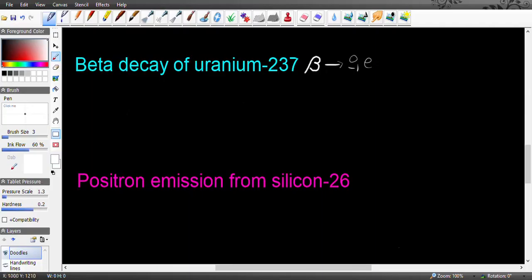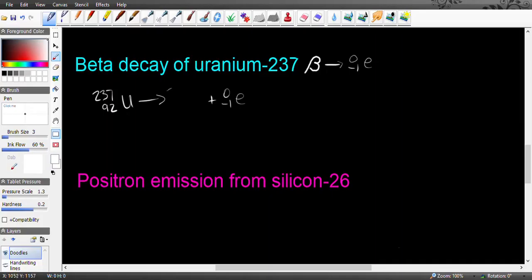Okay, so uranium. If we're going to write the equation for this, 237, uranium is 92. So we know that we're going to have a beta particle, 0, -1, E. And everything has to match up.